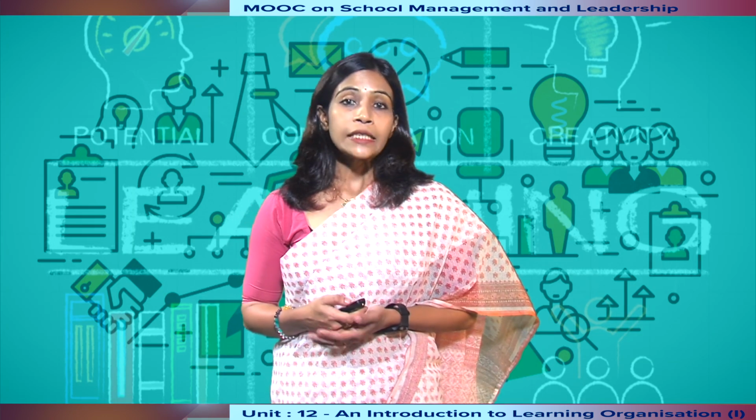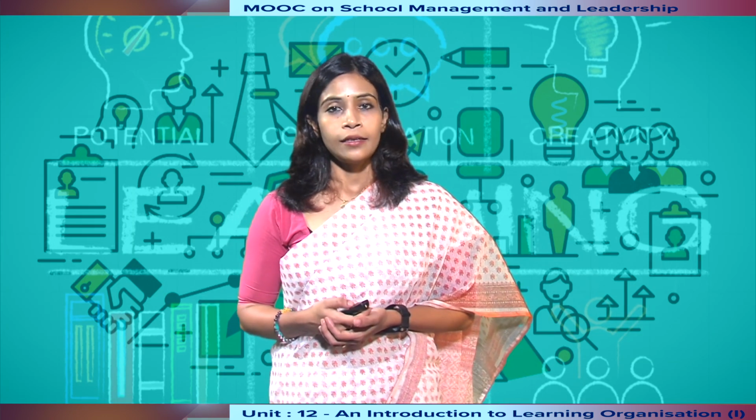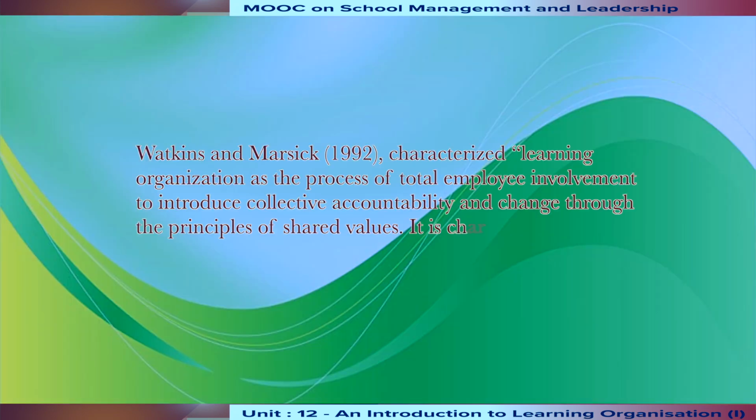Then Watkins and Marsick in 1992 characterized learning organization as the process of total employees' involvement to introduce collective accountability and change through the principles of shared values. It is characterized as a bottom-up approach.